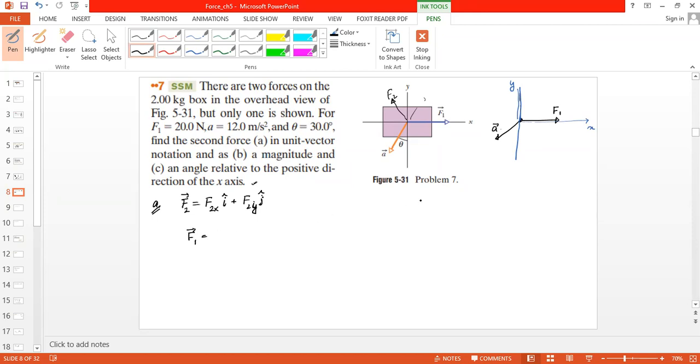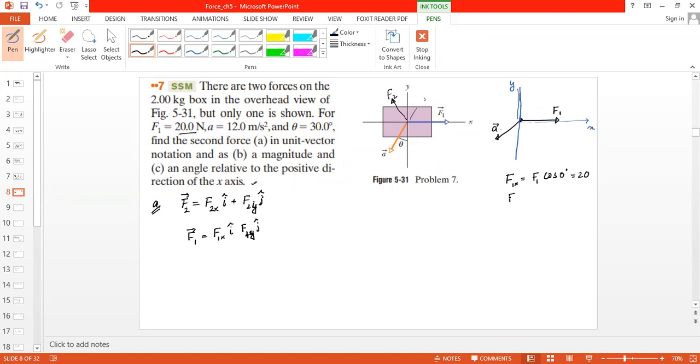So what is F1, by the way? F1 has a magnitude of 20. I can say F1 equals F1x i plus F1y j. What is the x component of F1? F1x means F1 cosine of the angle it makes with the x-axis. With the x-axis it makes an angle of 0 degree. So cos 0 equals 1, and the magnitude of F1 is 20, so it is equal to 20.